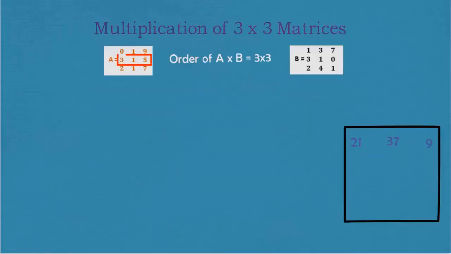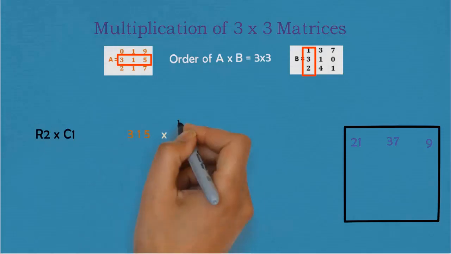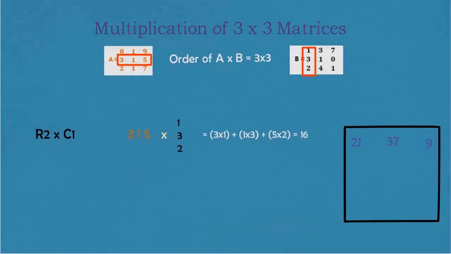Now we start multiplying the second row of matrix A with the first column, then with the second column, and then with the third column. Multiplying the second row of matrix A by the first column of matrix B, that is 3, 1, 5 multiplied by 1, 3, 2. Carrying out the element wise multiplication, that is equal to 3 times 1 plus 1 times 3 plus 5 times 2, which is equal to 16. Its position will be second row, first column, because we multiplied the second row of matrix A by the first column of matrix B. So we insert this 16 at its position.